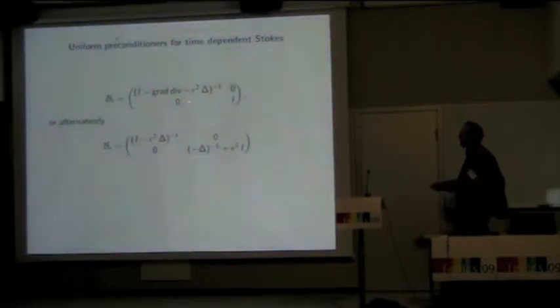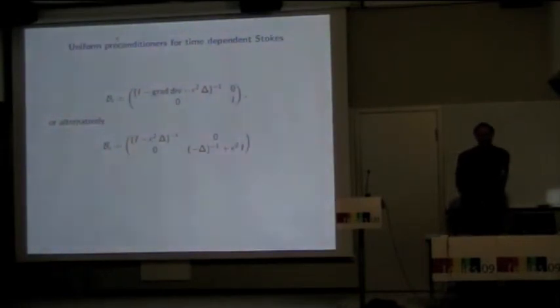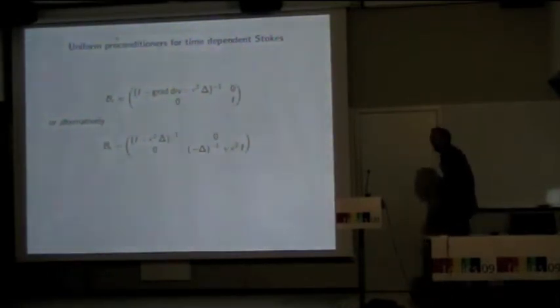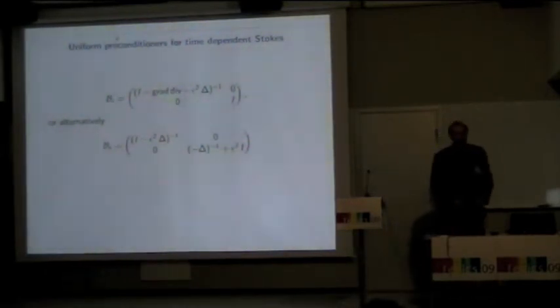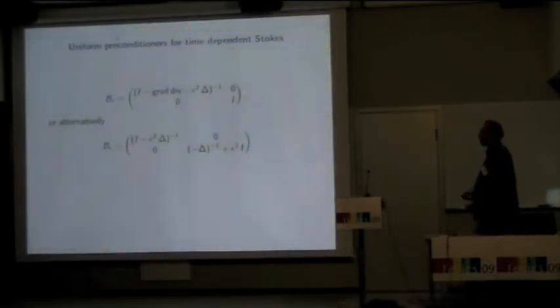But as epsilon goes to 0, this will go to this H(div) preconditioner, H(div) here and identity here, while this one, as epsilon goes to 0, will go to identity here and Laplace inverse here. So you can read out two different structures, but you can show that they both are uniform, and they reflect two types of spaces where these operators having the parameter are well-posed.